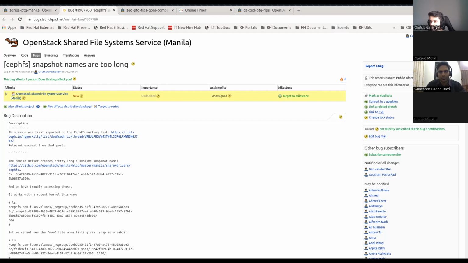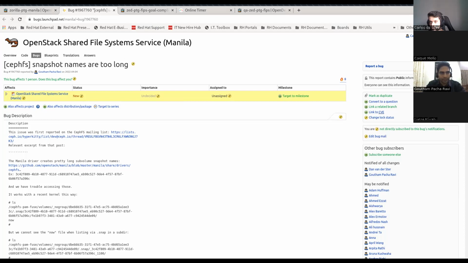And that is an issue for Ceph because, from what I understand, Ceph is truncating the snapshot names. Robert can probably provide more context because he hit this issue in their environment.